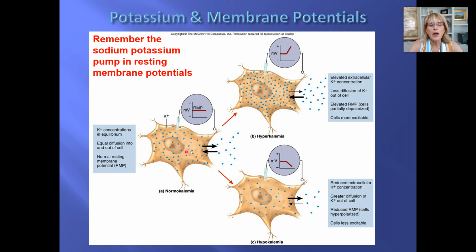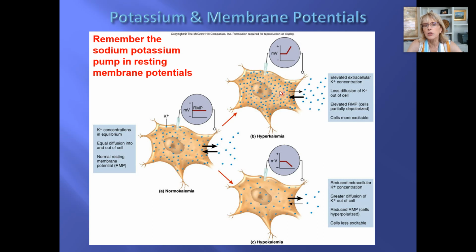So the amount of potassium that's in the cell is meant to have a lot of potassium inside, not very much potassium outside. That's because of the sodium potassium pump, and then we're talking about resting membrane potential. If there is a lot of potassium outside, it's hard for the cell to pump enough potassium to release enough potassium out of the cell.